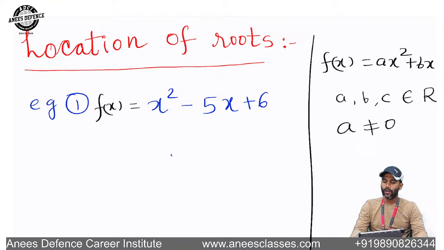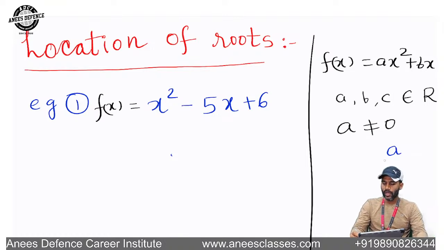Very good. Now, a can be either positive or negative, isn't it? Depending upon the nature of a, it can't be 0, so there are only two possibilities left.